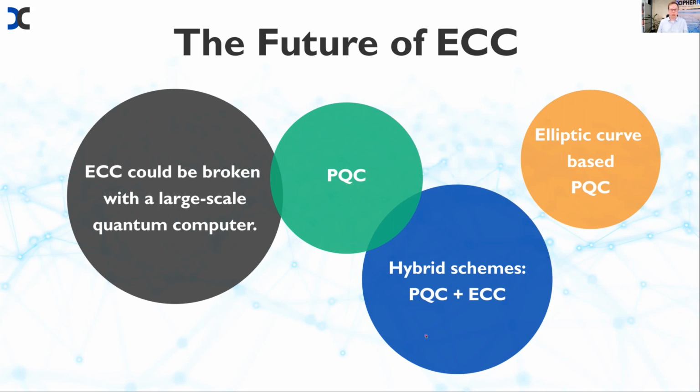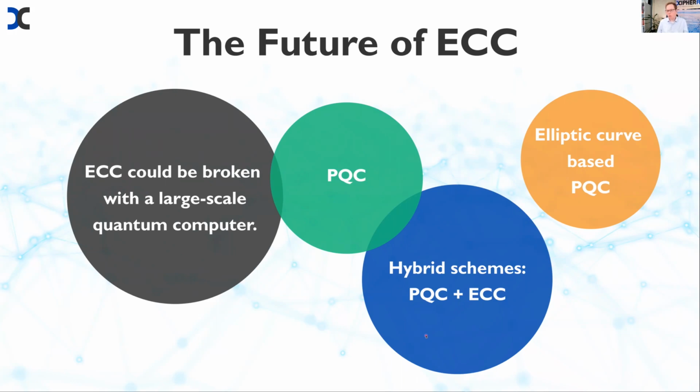So it would become easy to solve the elliptic curve discrete logarithm problem that we talked about earlier. Also, RSA will be gone. Integer factorization is also solved by quantum computers.